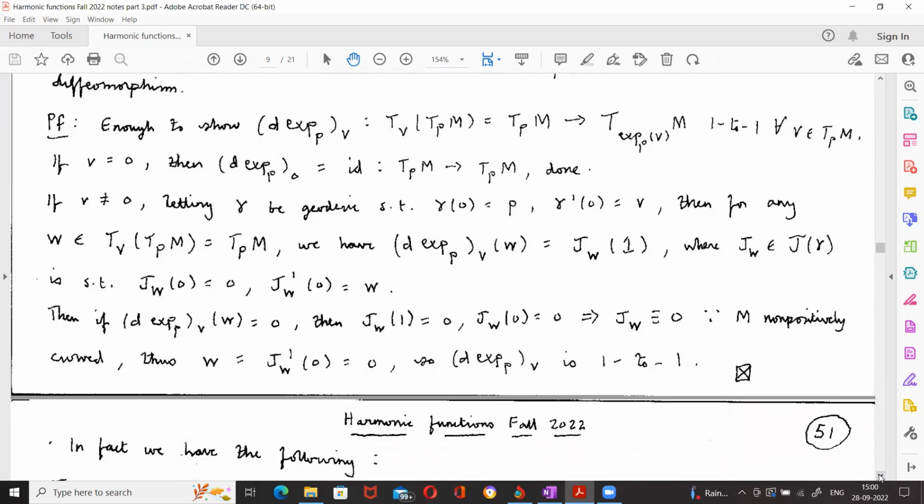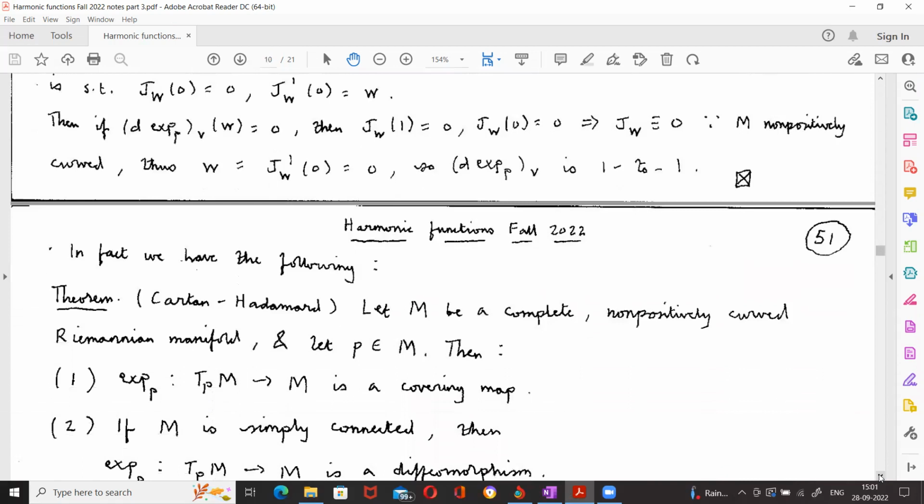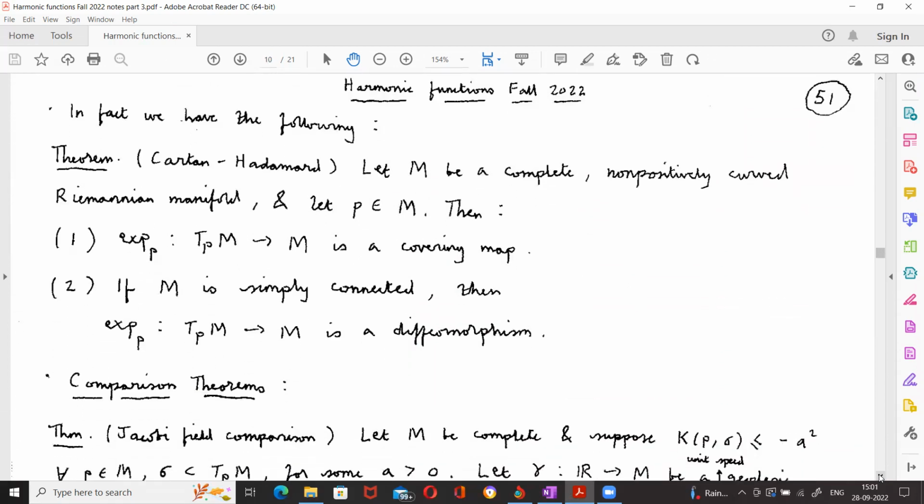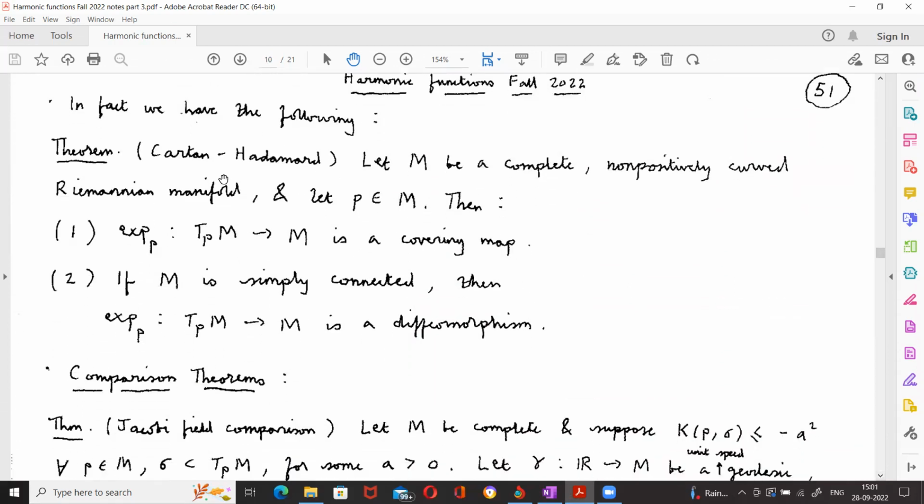All right. Actually, we can prove the following, which we won't prove; I'm just going to state it. The Cartan-Hadamard theorem says, in fact, that if M is a complete non-positively curved Riemannian manifold and p is a point in M, then the exponential map from T_pM to M is actually a covering map.